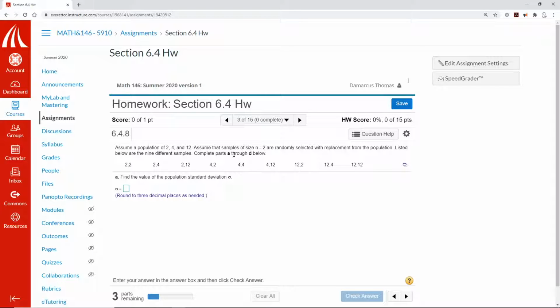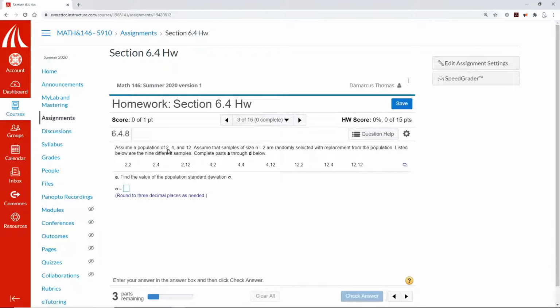And I'm going to use my calculator to get the deviation. And hold on, Diego. After I'm done with this, I can try to answer your question. But let me finish this one. This is from 6-4, and I'm going to first find the deviation of the population.